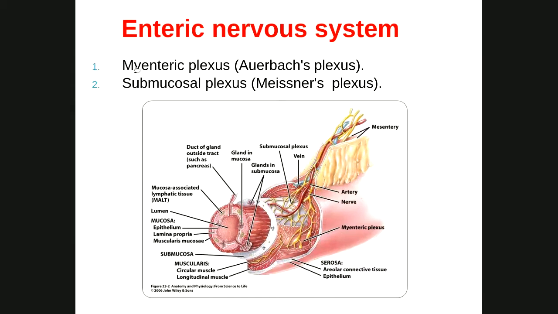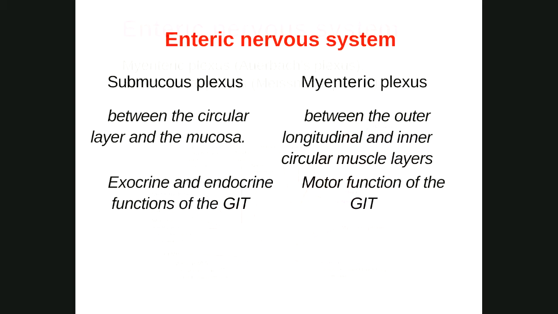Okay, so the location is important, the name is important, and the function is important. I'm going to show you a table that shows this. So we have the submucosal plexus, which is Meissner's plexus, and we have the myenteric plexus, which is the one controlling movement.